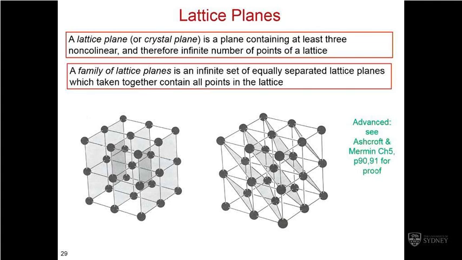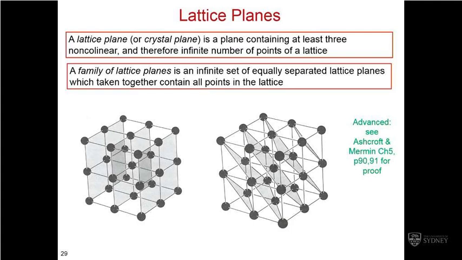Or you might like to think of it as a family of planes equally separated, like you could draw them here, which taken together will cover all of the points in your lattice. So every atom will be on one of those planes, if it's a true lattice plane.